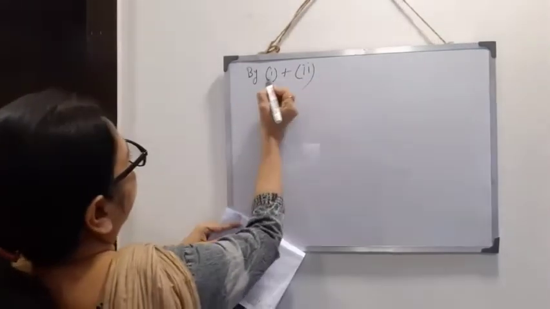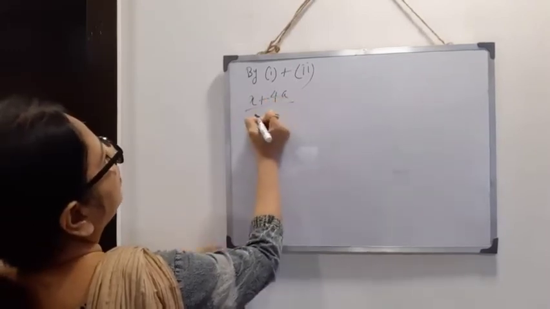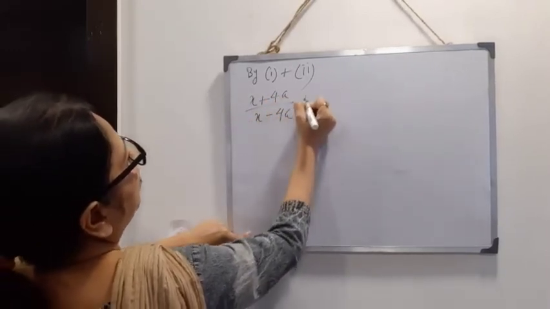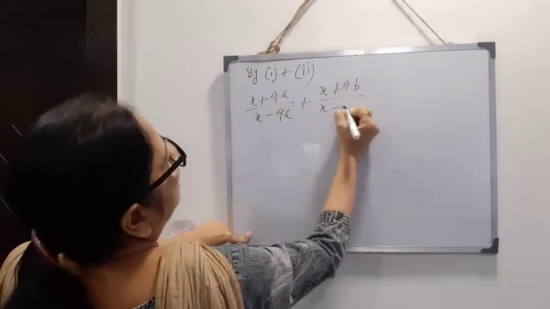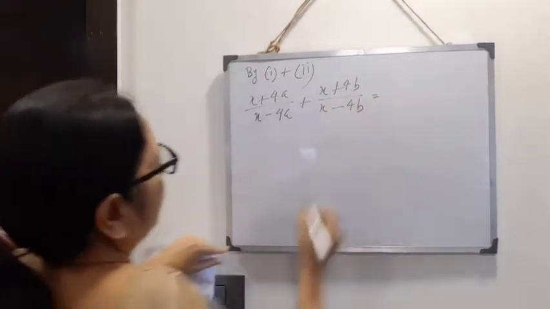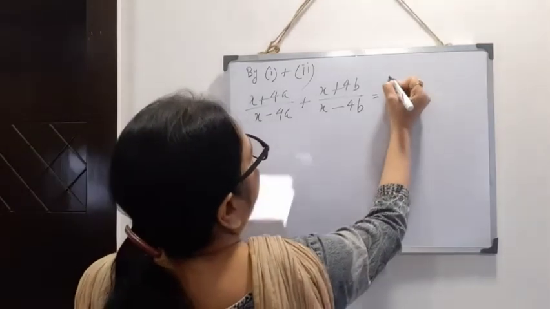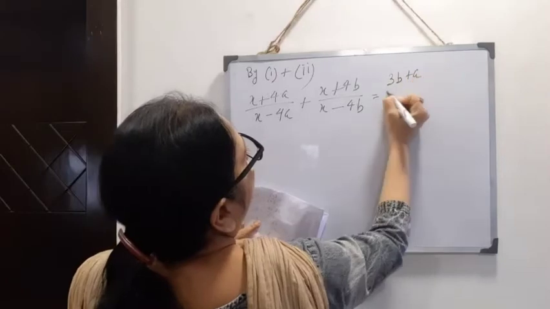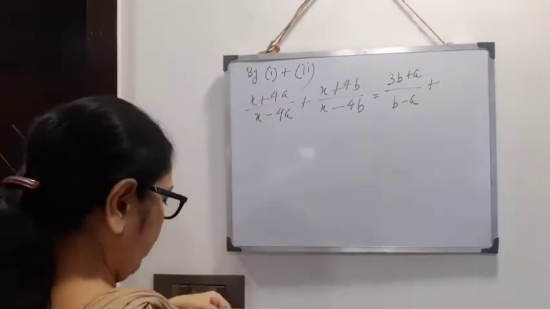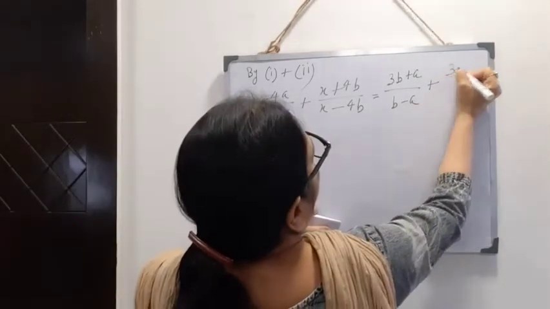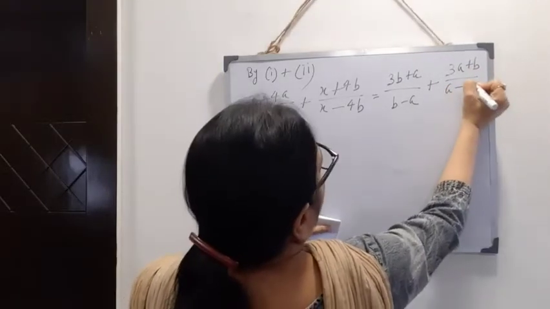After that, what I will do is add equation 1 and equation 2. Now after adding 1 and 2, on the left hand side I am getting (x plus 4a) by (x minus 4a) plus (x plus 4b) by (x minus 4b), and the right hand side, from equation 1, (3b plus a) by (b minus a), and the right hand side of equation 2 you had (3a plus b) by (a minus b).